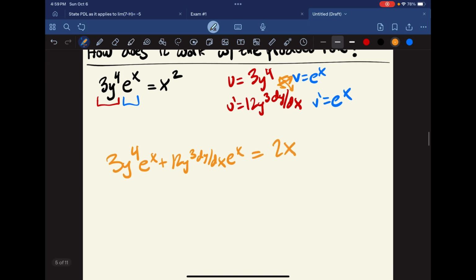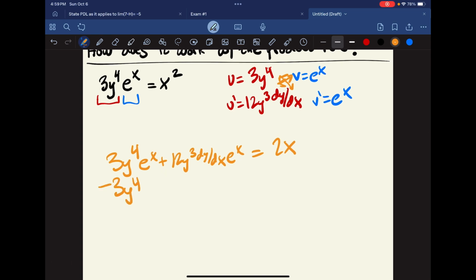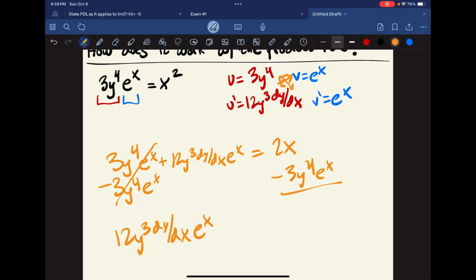So now remember, our goal is to isolate the term that has dy dx in it and then factor it out. So we do that by subtracting 3y to the 4th power times e to the x from both sides. So we get 12y cubed dy dx times e to the x equals 2x minus 3y to the 4th power times e to the x.